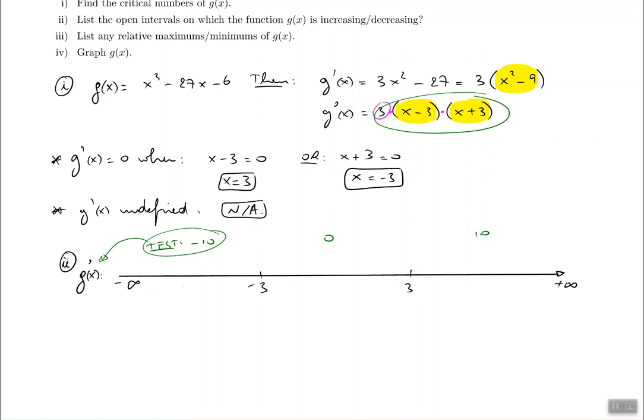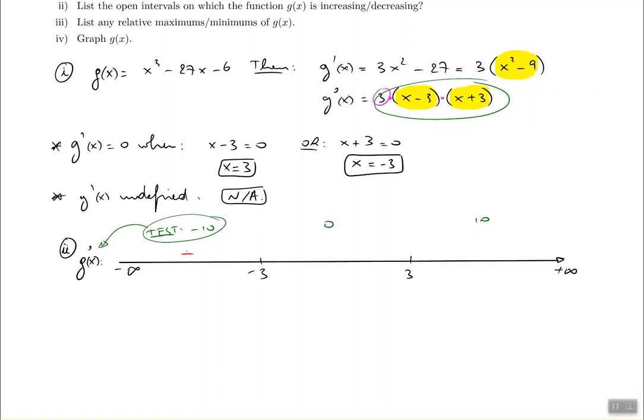When I plug negative 10 into it, the answer I get at the end is a positive amount, because negative 7 times negative 13 will be positive. That's basically it. So at this point, I can go ahead and erase the negative 10. I don't need to see that.